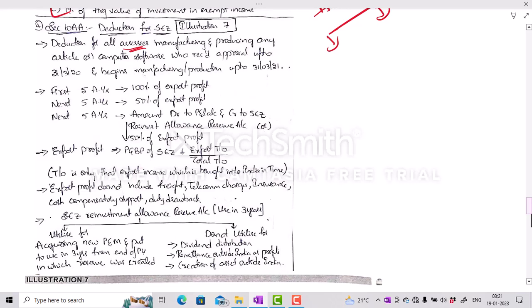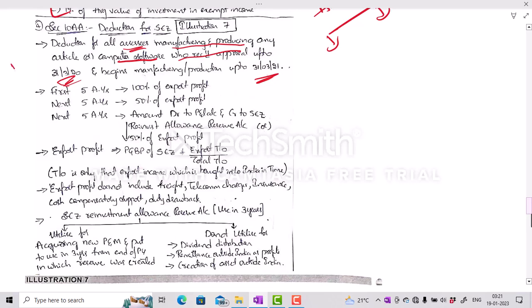The only condition is they are engaged in manufacturing or producing any article or computer software and who has received approval up to 31st March 20 and begins manufacture or production up to 31st March 21. Okay. How much deduction is available?